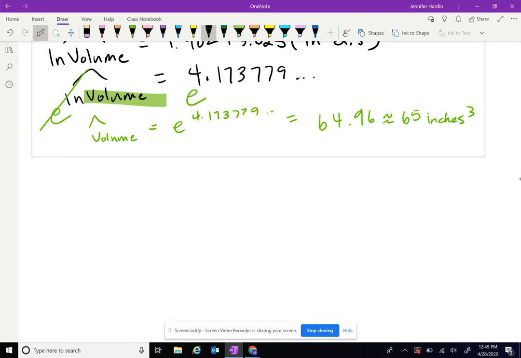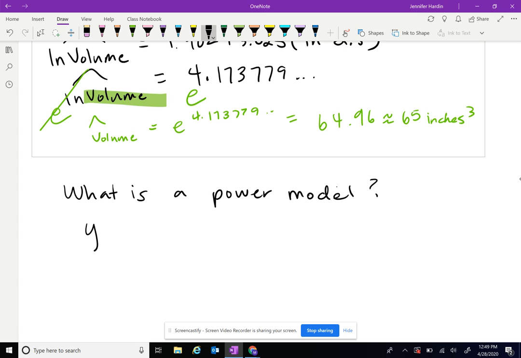So again, what is a power model? Okay. It's any function where X is the base and it's being raised to some sort of power. So we talked about how there are different kinds.